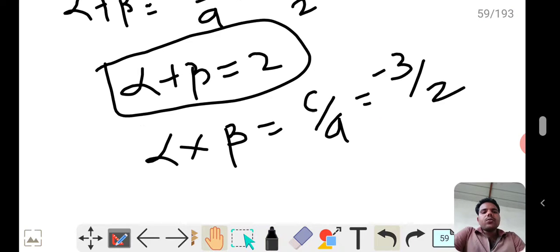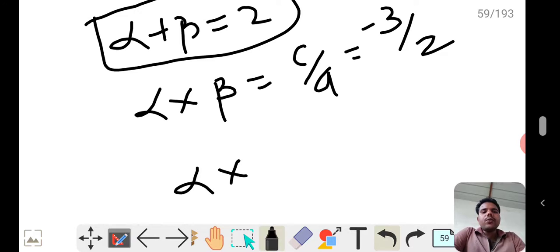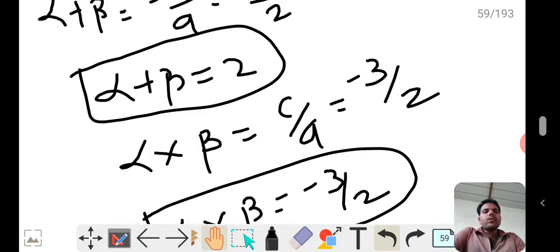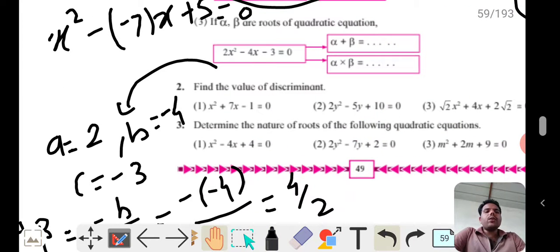So we can write alpha into beta is equal to minus 3 by 2. So we get the two values. Next, find the value of discriminant.